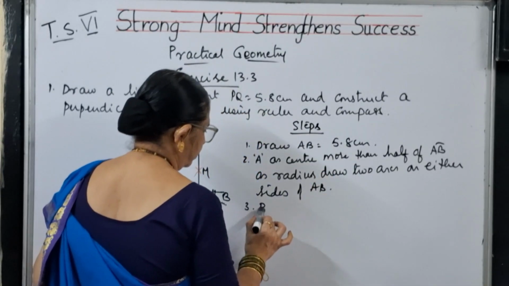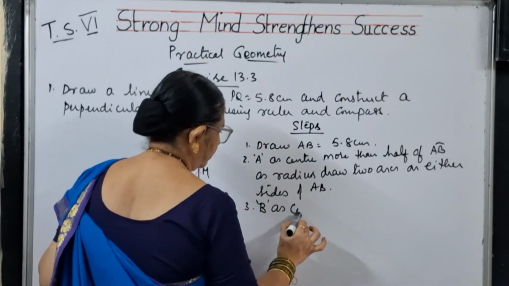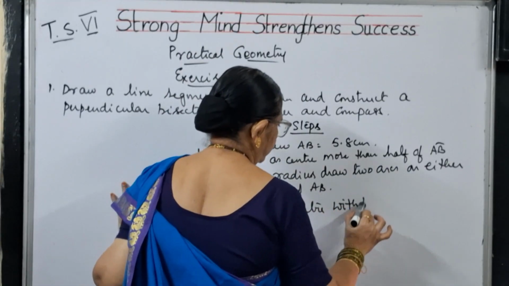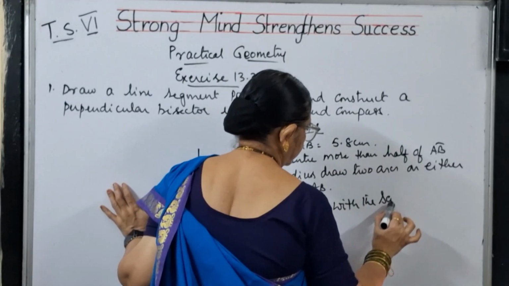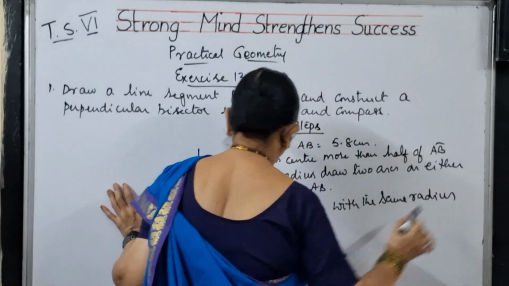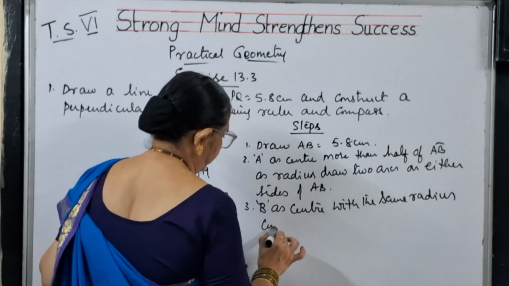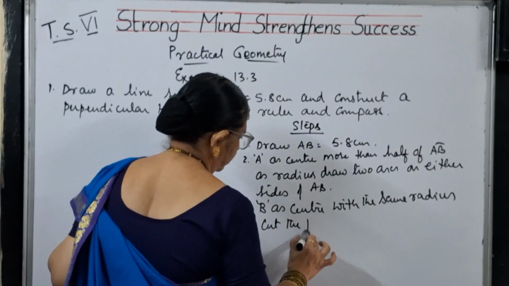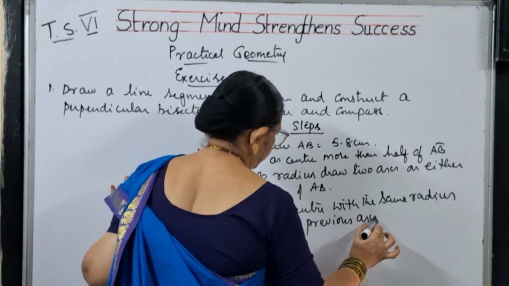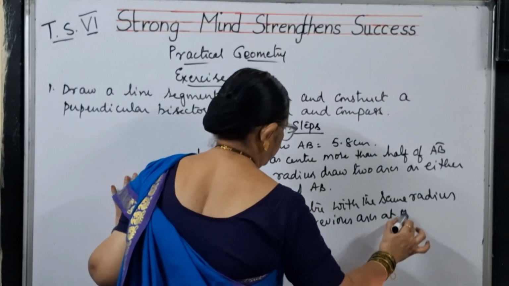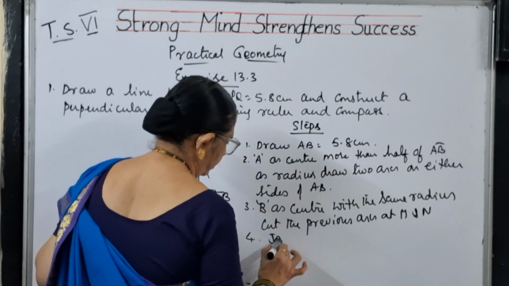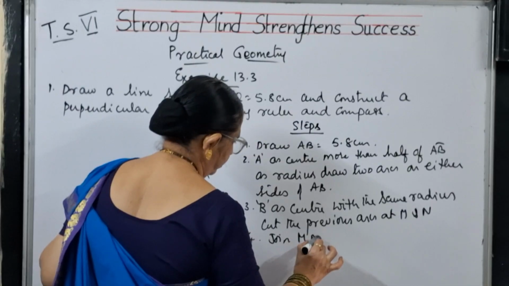Next, third one, with B as center and the same radius, cut the previous arcs at M and N. Fourth point, join MN.